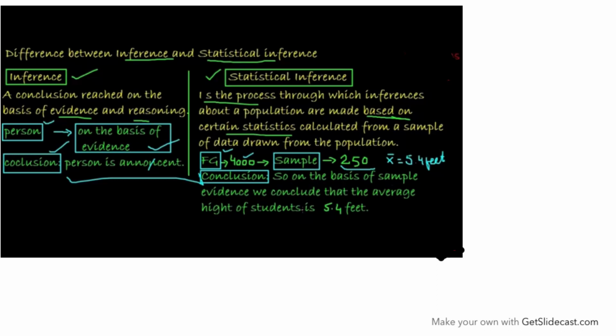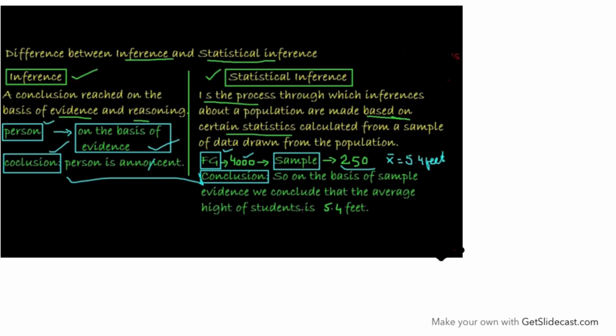Now, over to statistical inference. Statistical inference is the process through which inference, that is, reasoning or evidence processes about a population, is made based on certain statistics calculated from a sample, based on the sample data that is taken.